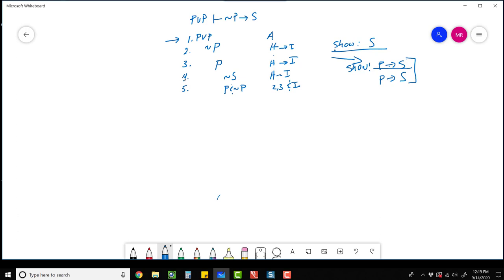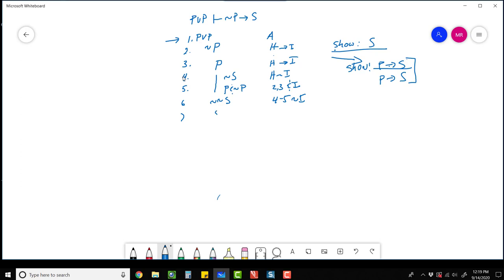Okay, so we now have our contradiction, and it's on the basis of a negation introduction hypothesis. So now we're entitled to infer the negation of the hypothesis. So 6, not S, by 4 through 5 negation introduction. Now that should feel familiar, right?